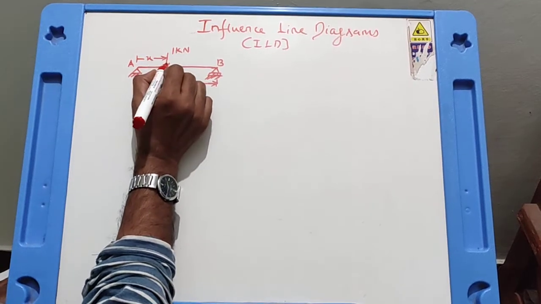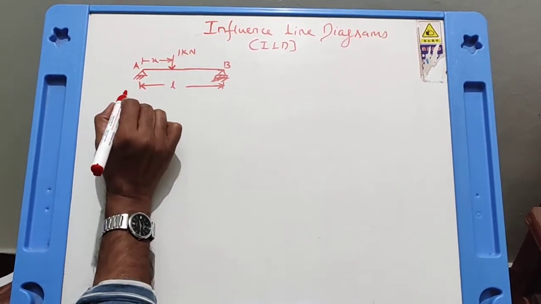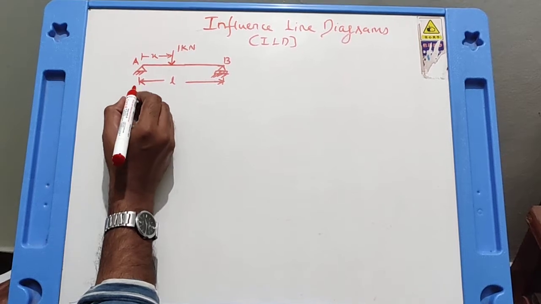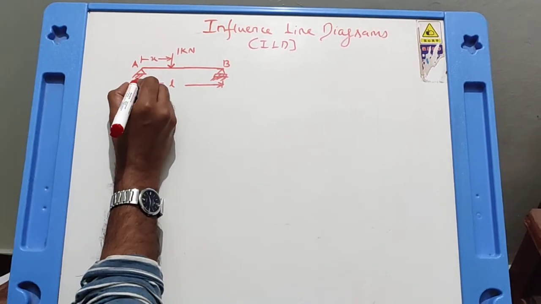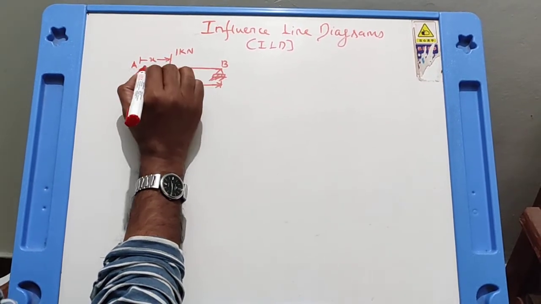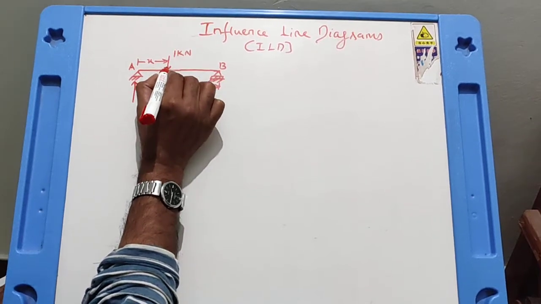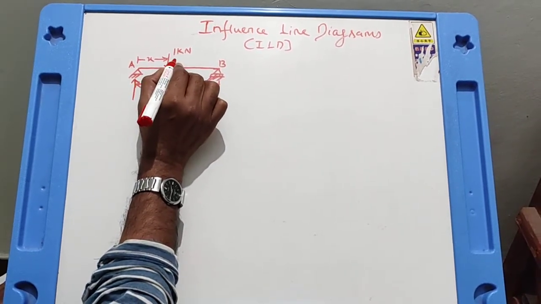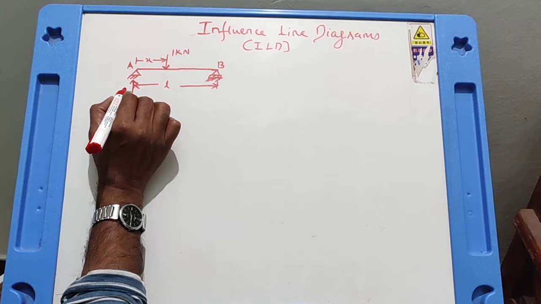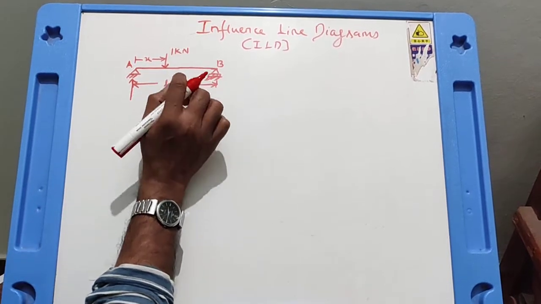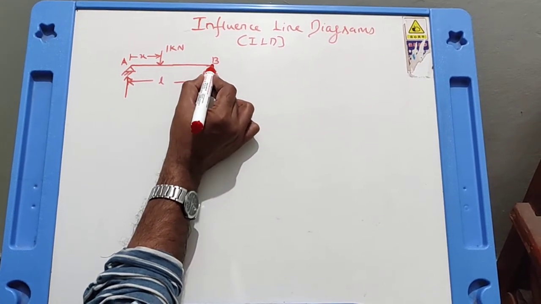Now for this position of unit load, let us find out what are the reactions at A and B. You know what is the formula for finding reaction? When any simply supported beam is subjected to a concentrated load, the formula for reaction at A is WB by L. What is B? The distance between the load and the other end.